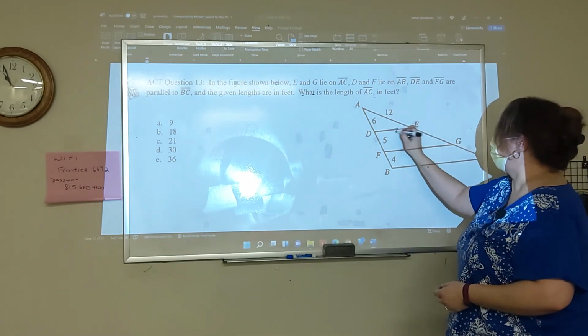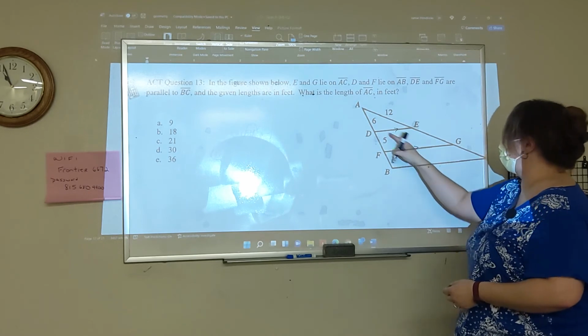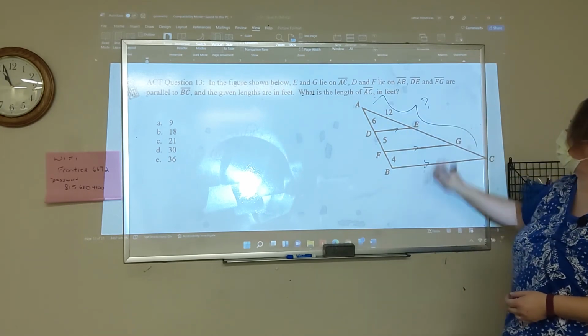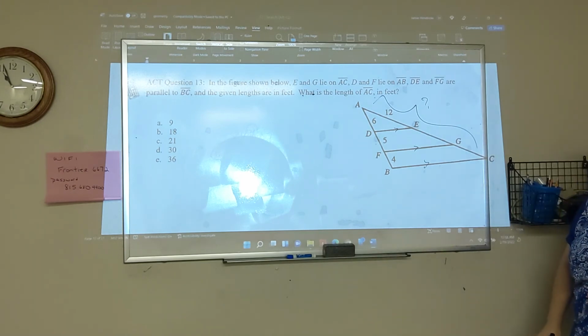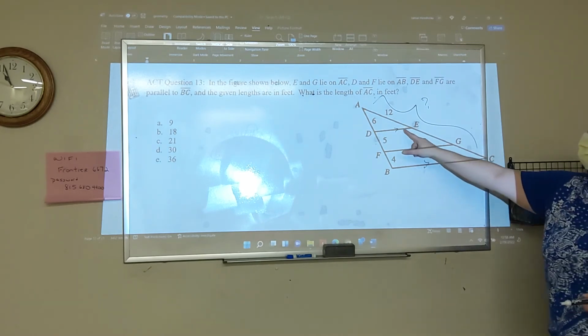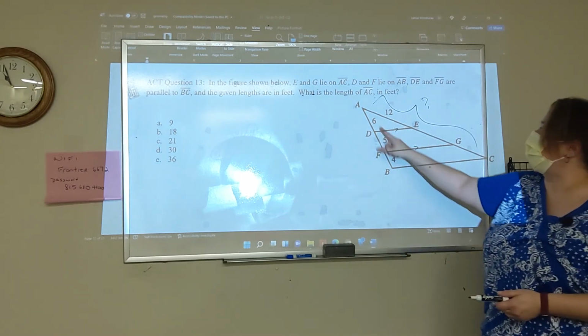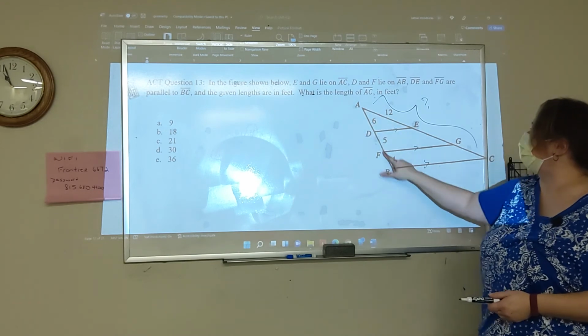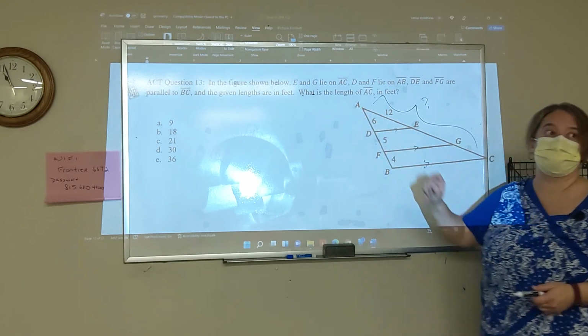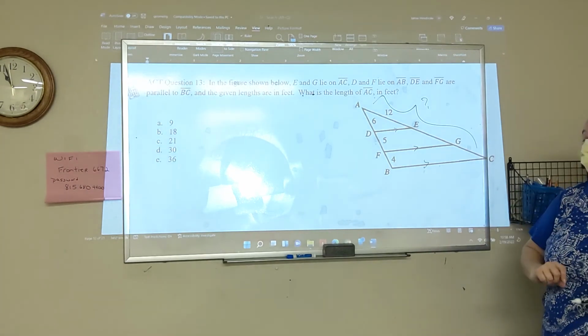Okay, so the only thing they really didn't mark for us was that these are parallel, and that you're looking for this whole thing. What we know about this picture is that because these are parallel, that makes every single triangle here, and you've got 3 of them, similar triangles. For similar triangles, you know their sides are in proportion.